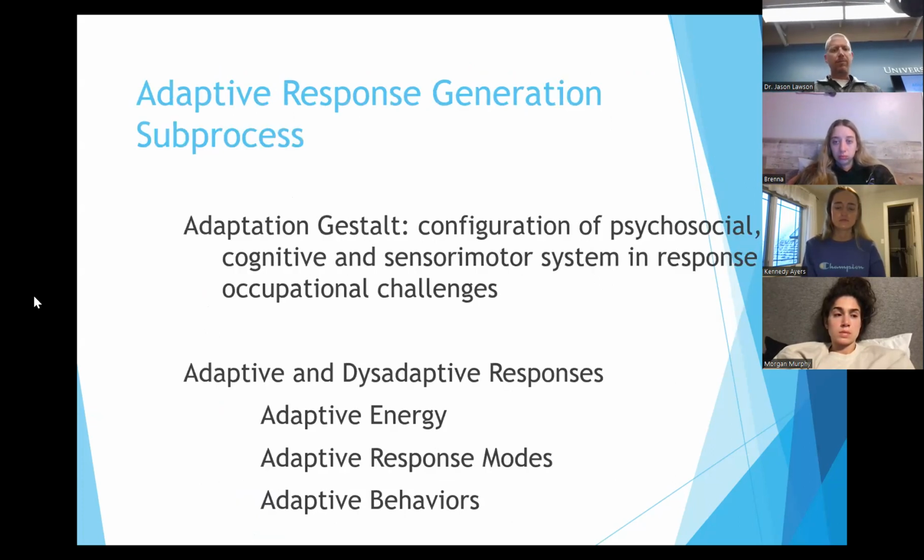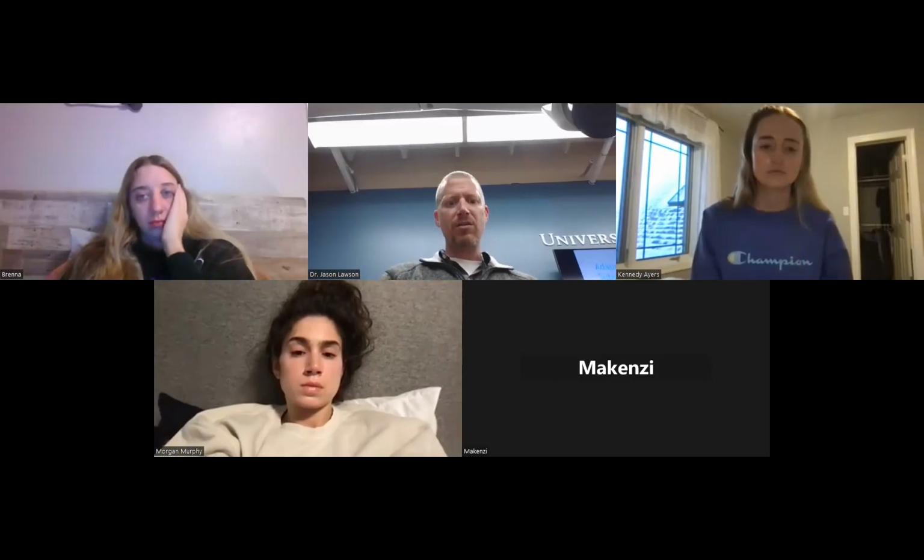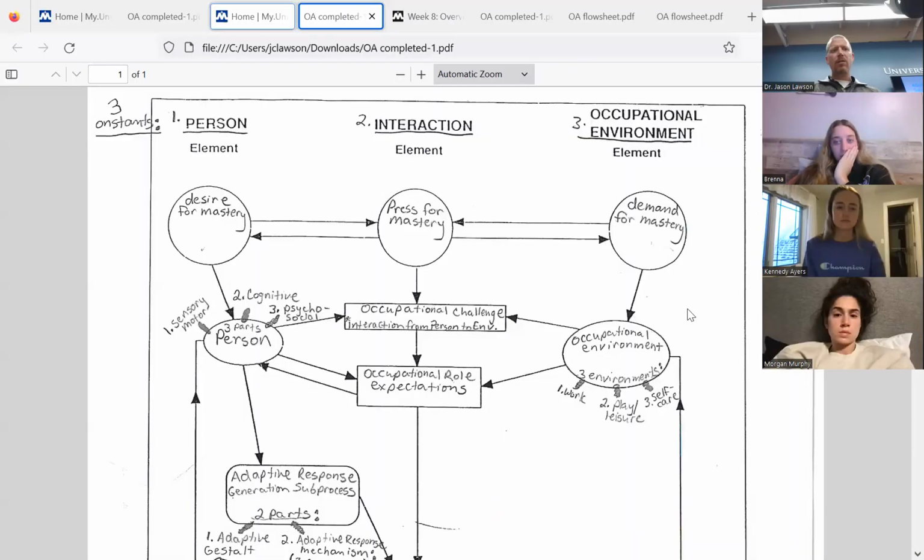So if we just take a little moment here and go back to the flow chart. So it shows the person has three constants, right? We have the person on one side, and underneath that, the person has the desire for mastery. We want to do well, okay?